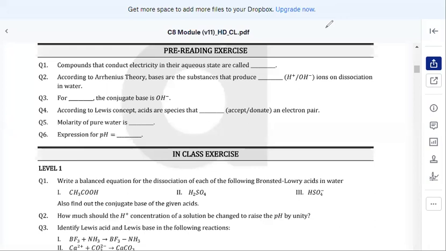Because when you talk about the molarity of pure water, H2O will break into H plus plus OH minus. So the concentration of H plus and OH minus is 10 to the minus 7. Next, the expression for pH, all of us know, is minus log concentration of H plus.